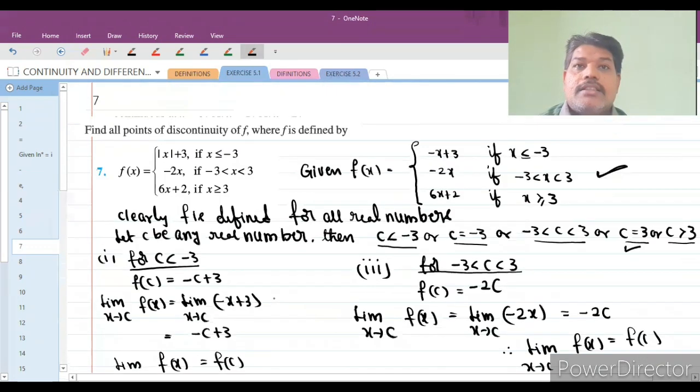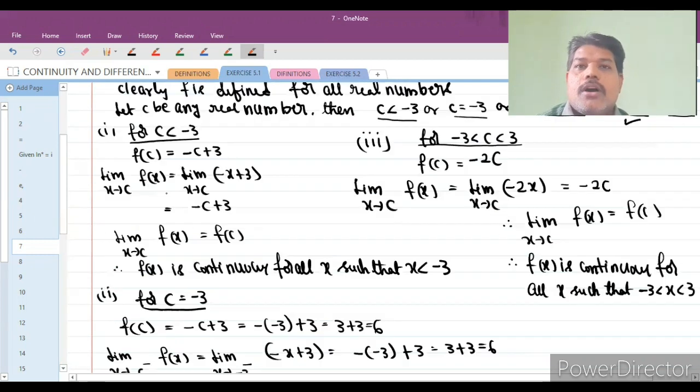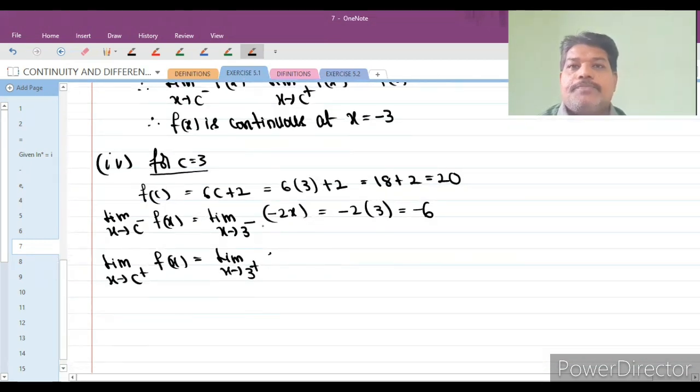For x greater than 3, f of x value will become 6x plus 2. So apply the limit here. 6 into 3 plus 2, so automatically it will become 18 plus 2. So it will become 20.